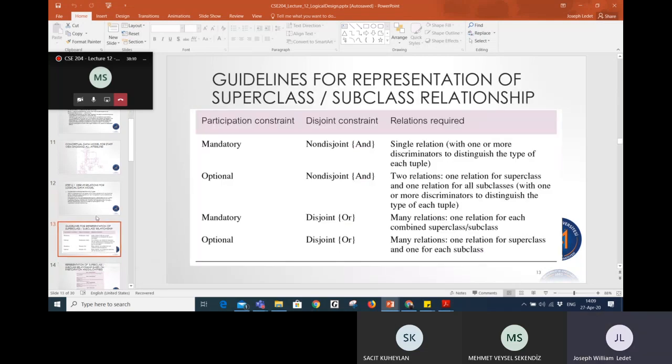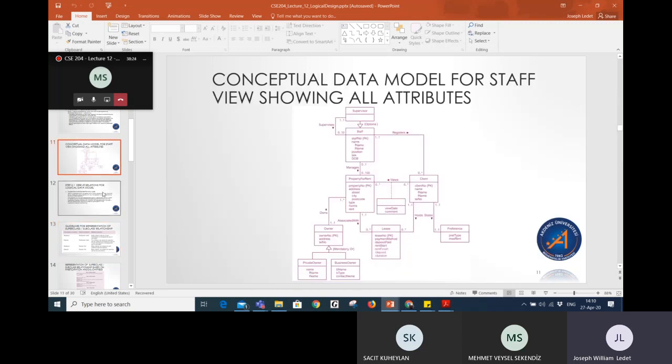So if we look at it like this, if we have a mandatory and, what that means is that it must be one of these, and it can be more than one, right?